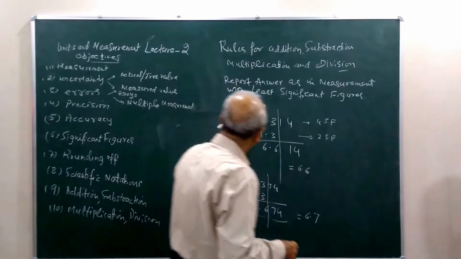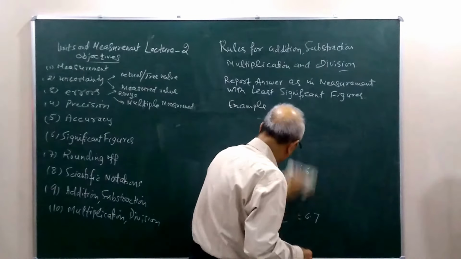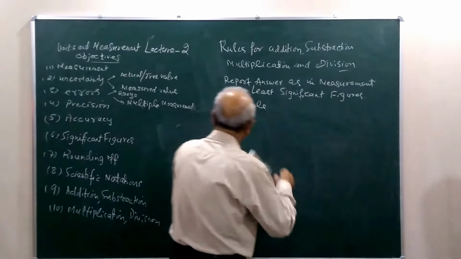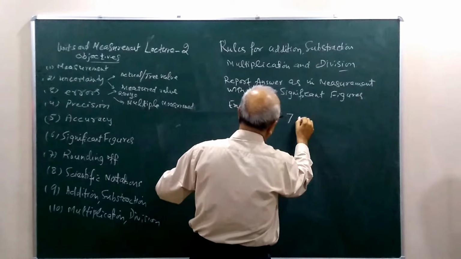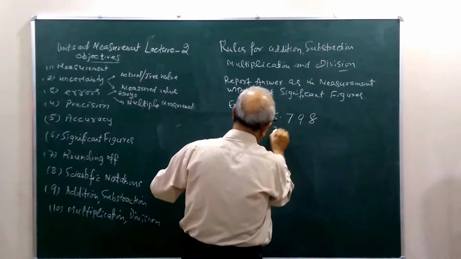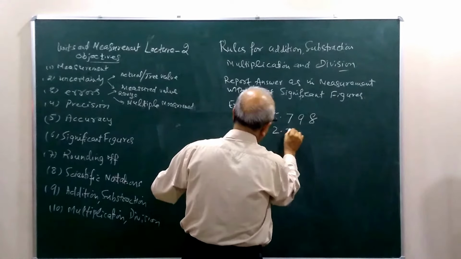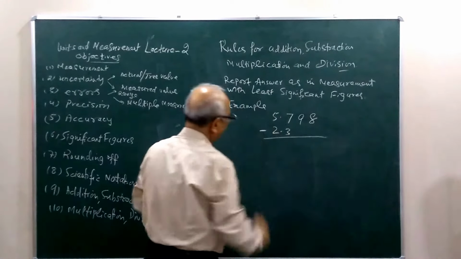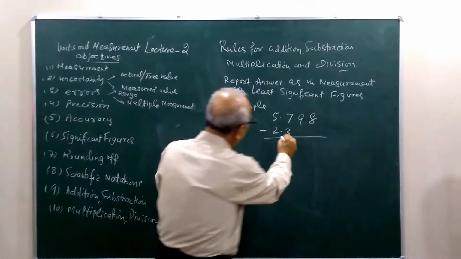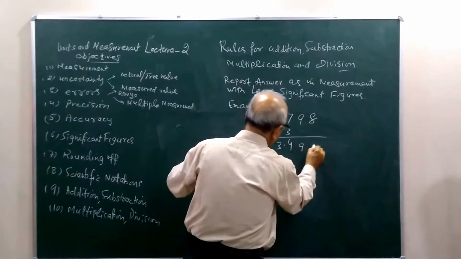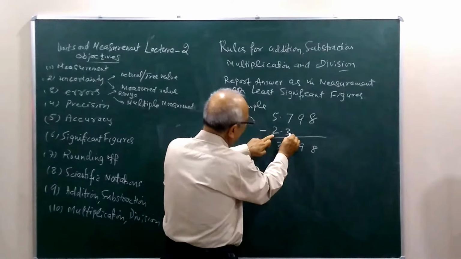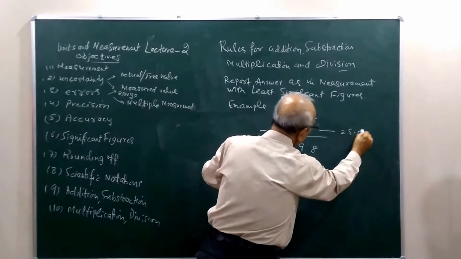Same rules apply for division also, and for subtraction also. I subtract 5.798 from 2.3 minus. The number is 74398. But this has 2 significant figures, 2 SF.